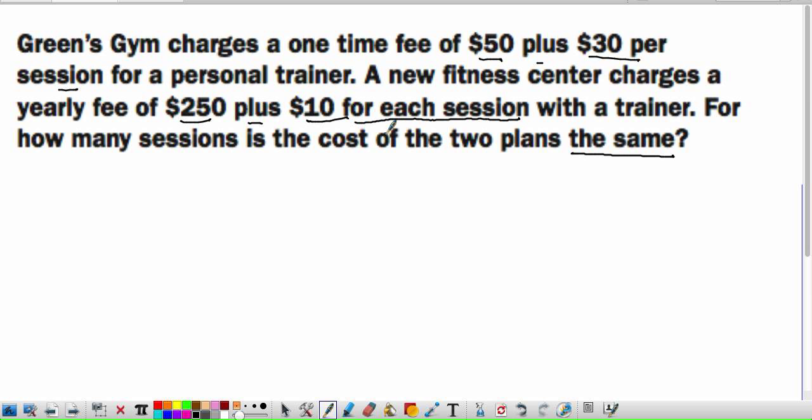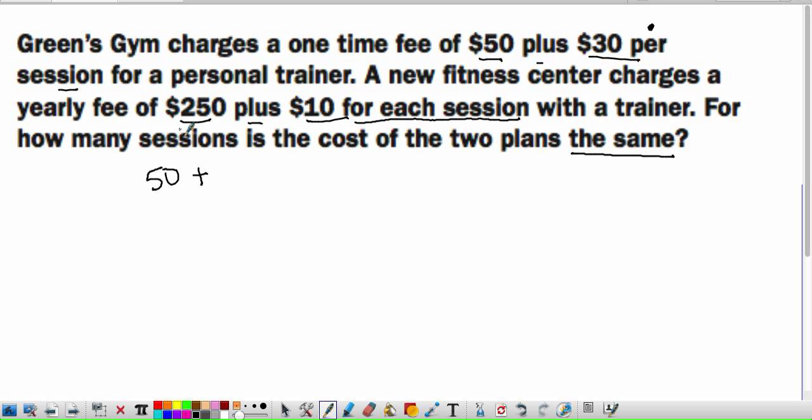So we can write two expressions and set them equal to each other. So this Green's Gym, they charge $50 plus $30 per session. And remember how we've talked about per means multiply. Now we don't know how many sessions, so that's our variable. That's what's going to change.